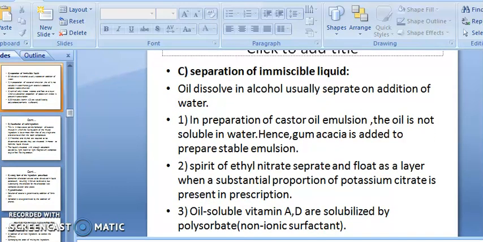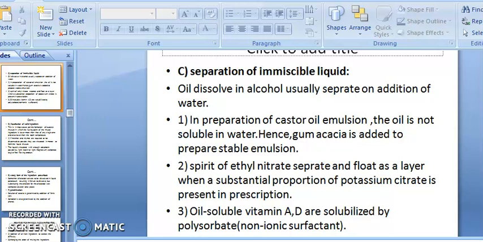Separation of immiscible liquid. Oil dissolved in alcohol usually separates on addition of water. When you combine oil plus alcohol and add water to it, there is a formation of a separate layer. It means that cracking or breaking was observed.